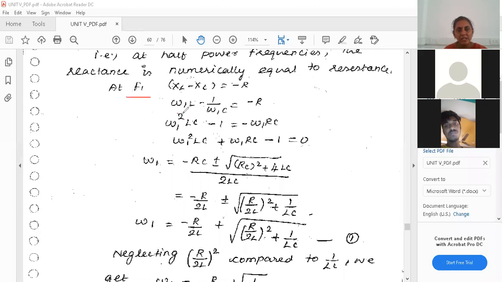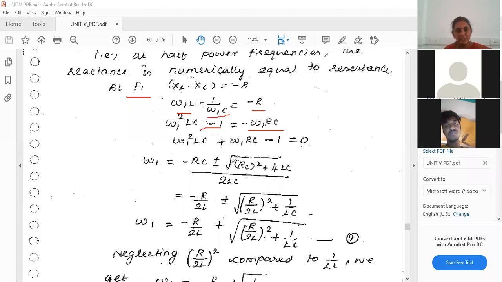Omega 1 L. And XC is 1 by omega 1 C. Omega 1 is the angular frequency at frequency F1, is equal to minus R. Now, simplifying this expression, omega 1 square LC minus 1 is equal to minus omega 1 RC, or omega 1 square LC plus omega 1 RC minus 1 is equal to 0.